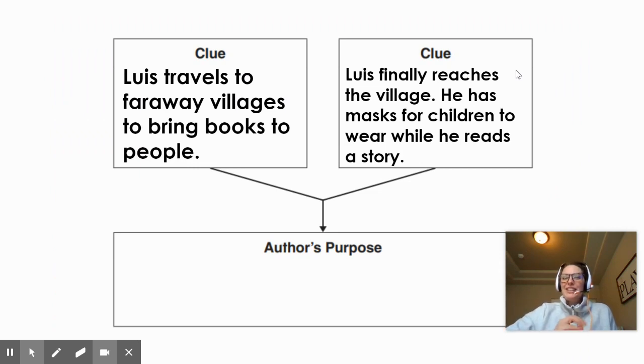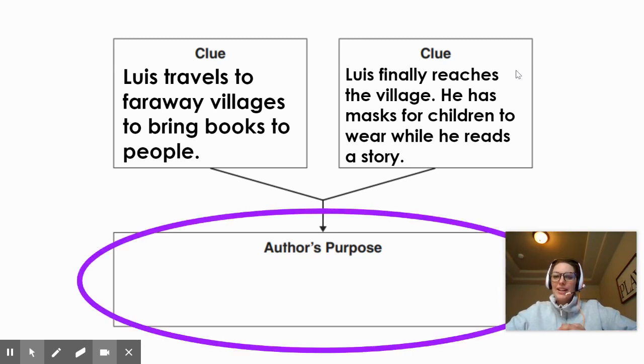Now that we have reached the end of our story, it's time for us to ask, what was the author's purpose in writing this story? Remember that this is a true story with a narrator telling the story with a beginning, middle, and end about a real person and events in their life.